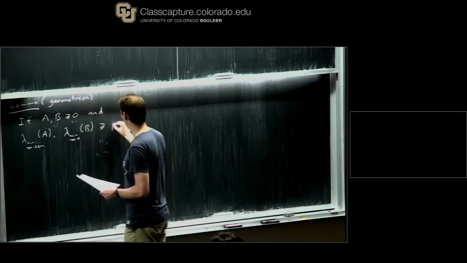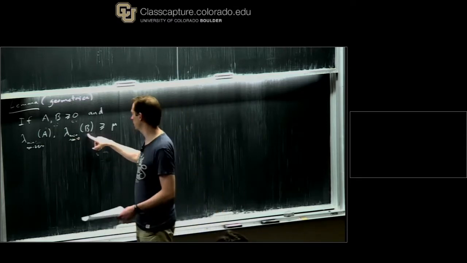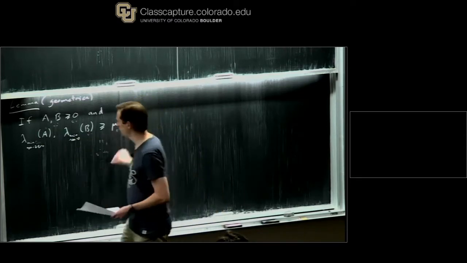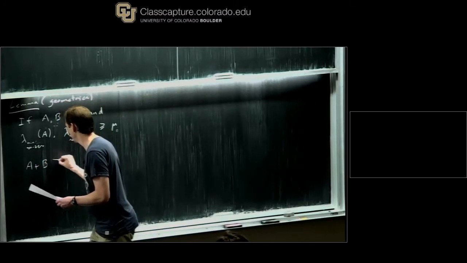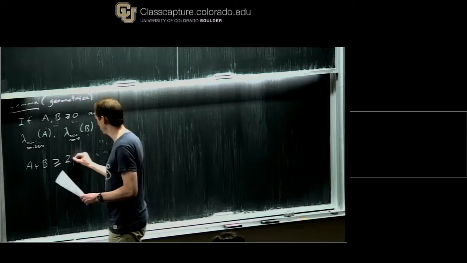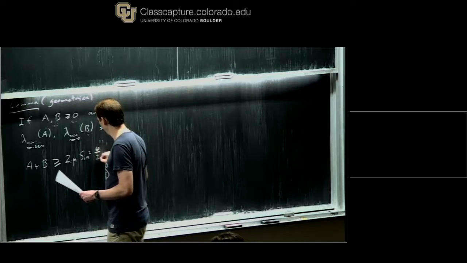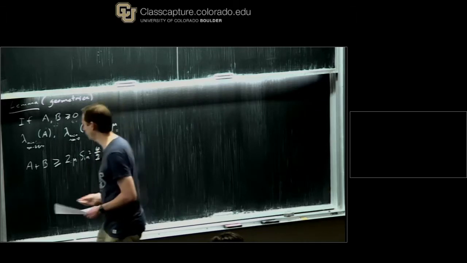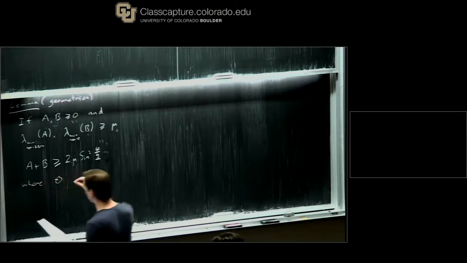So this is an assumption. If we happen to know that the minimum non-zero eigenvalues of these things are lower bounded by mu, then the geometrical lemma says that all of the eigenvalues of A plus B are bigger than 2 mu sine squared theta over 2. And what's theta? It's the angle between the kernels of these operators.